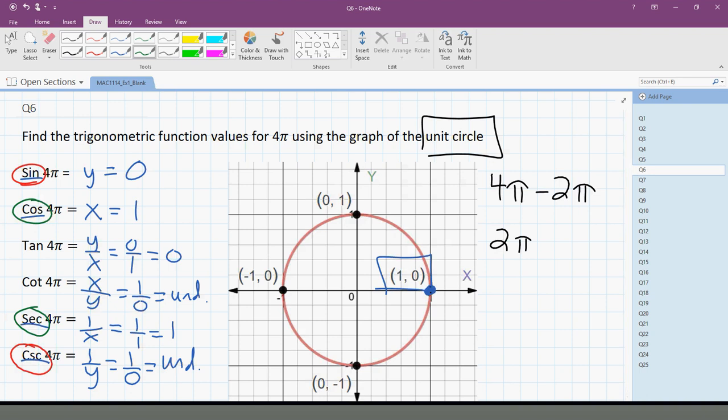Sine and secant will never come together because both of them start with S. Cosine and cosecant will never come together because they both start with C. They always have to have the opposite letter. So sine goes with cosecant, and secant goes with cosine. Or another way I think about it is the two cos will never go together. Cosine and cosecant never go. They don't like each other.